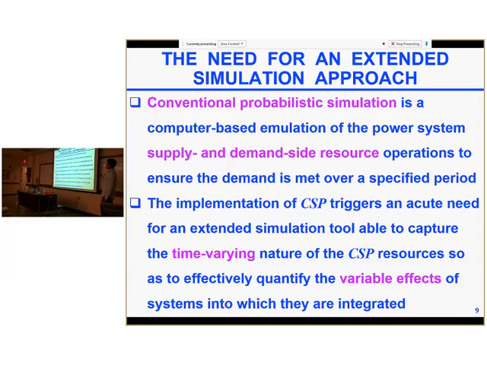In order to quantify the impacts of the CSP resources, we need to modify and extend the conventional probabilistic production simulation to incorporate the time-varying CSP resources.